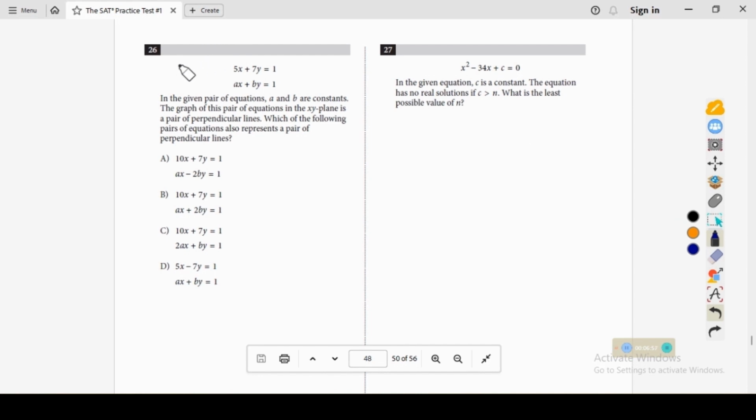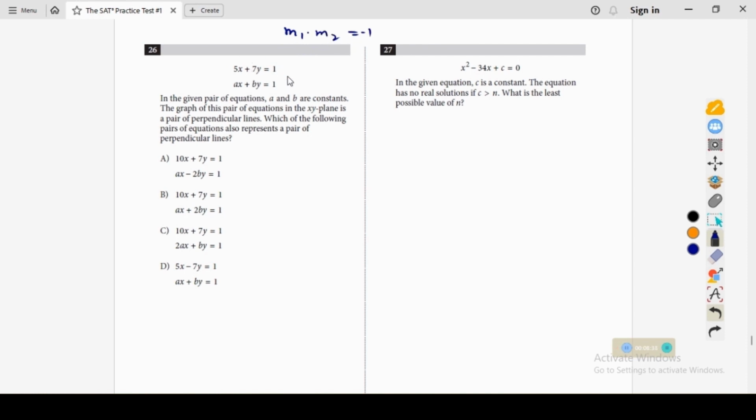In question number 26, a pair of equations is given. In the given pair of equations, a and b are constants. The graph of this pair of equations in the xy plane is a pair of perpendicular lines. Which of the following pairs of equations also represents a pair of perpendicular lines? The two equations are perpendicular only if the product of their slopes is -1.